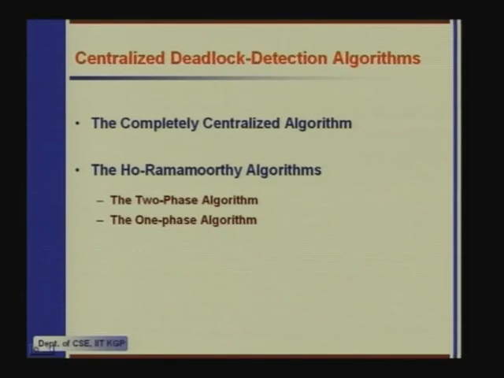And then we looked at another algorithm in which there were two types of tables that were exchanged. One is the process status table, the other is the resource status table, and from every site we collect both. The process status table gives the dependencies of the processes on resources and whichever resources are currently being held by those processes, and from the same site we also get the resource status table, which tells us the status of the resources at that site.